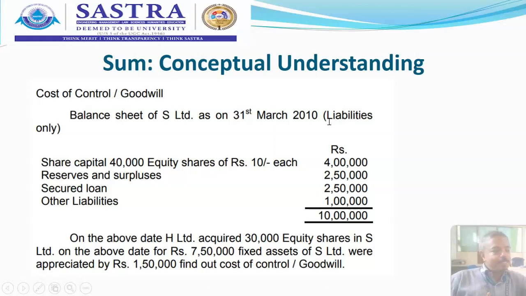I could see a few responses immediately in the comment box. So how much do we pay more? We invest 7,50,000 in the shares, but the cost of that particular company is 6 lakhs. So we are paying 1,50,000 more. That we call goodwill.